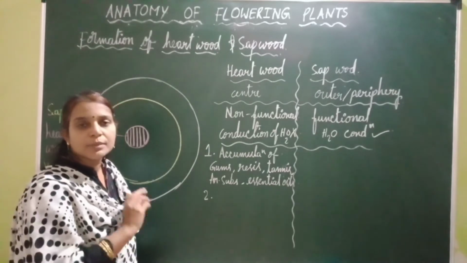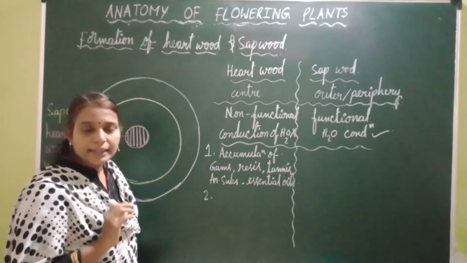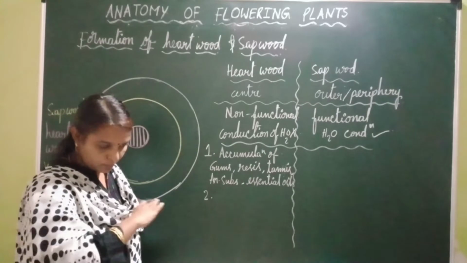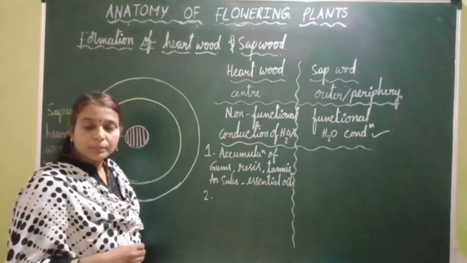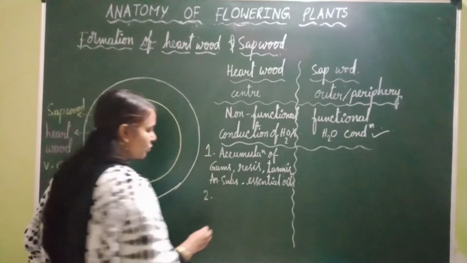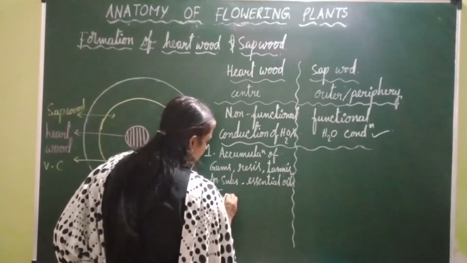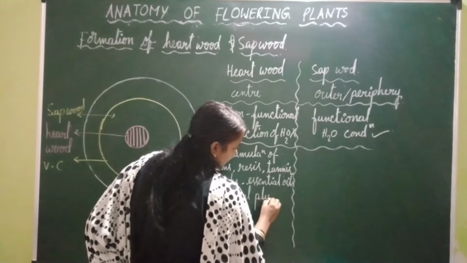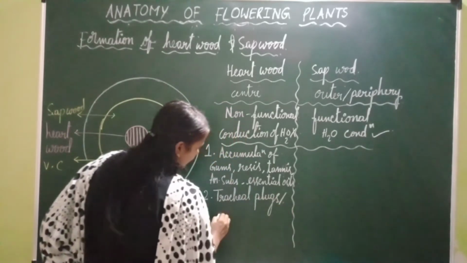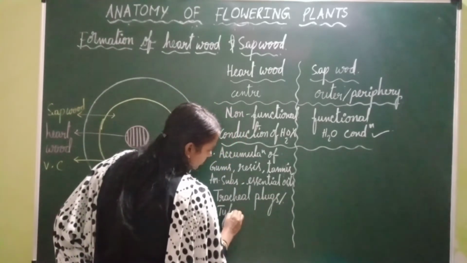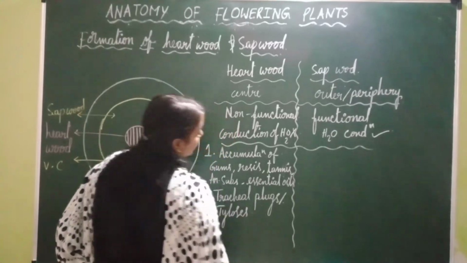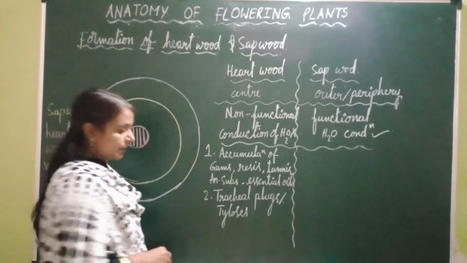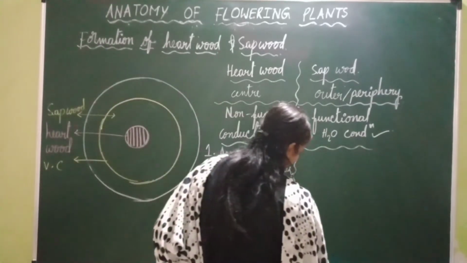Because the vessels present in this heartwood, that is secondary xylem, are blocked by the formation of tracheal plugs, which are also called tyloses. So these are the two reasons for non-functioning of this heartwood, right?